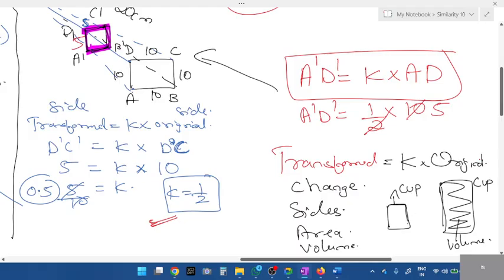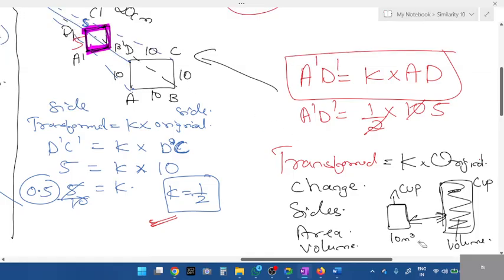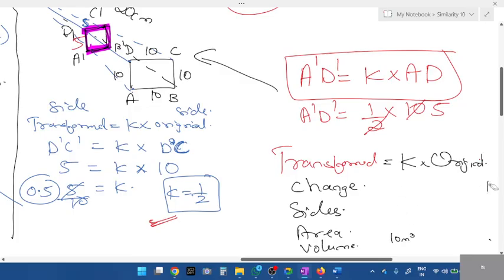One cup, think the volume is 10 meter cube. This is the transformed, larger cup, so volume is greater in the second cup. Therefore, volume is also changed. The cup shape is changed, sides are changed, area is changed, volume is also changed, enlarged. So basically, there are two types: enlargement and reduction.